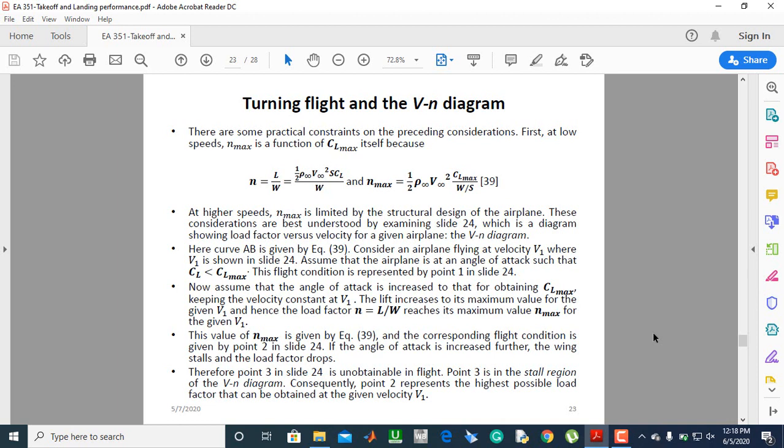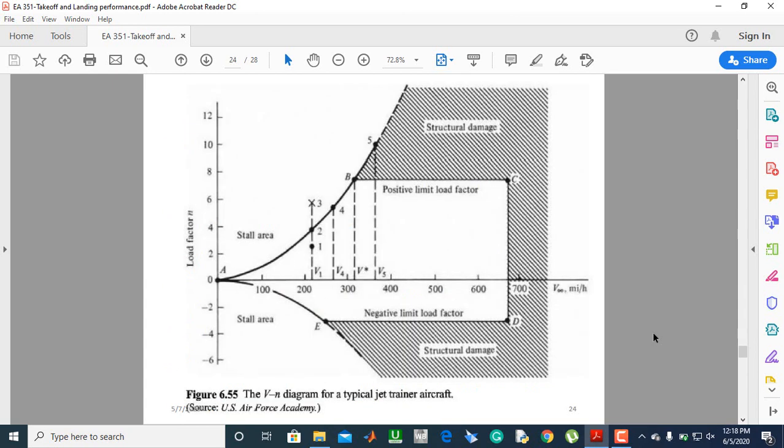Consider an airplane flying at velocity v1, shown in that slide, and assume this aircraft has an angle of attack such that the lift coefficient is less than the maximum lift coefficient. This flight condition is represented by point 1 on the slide.